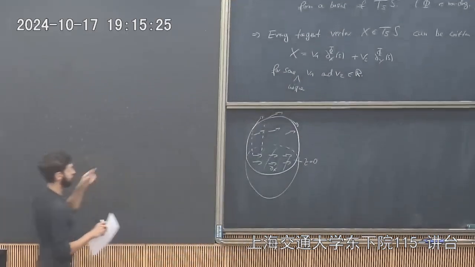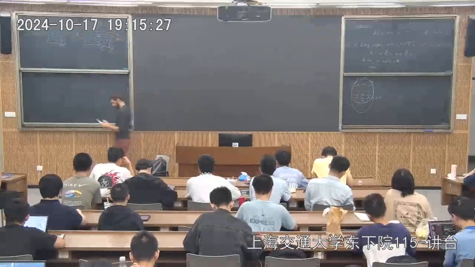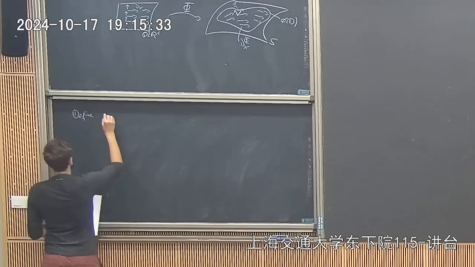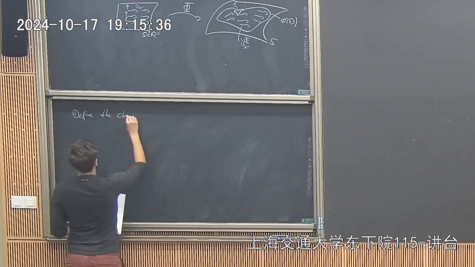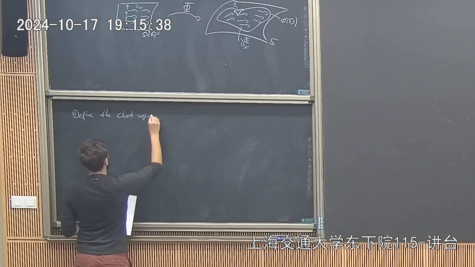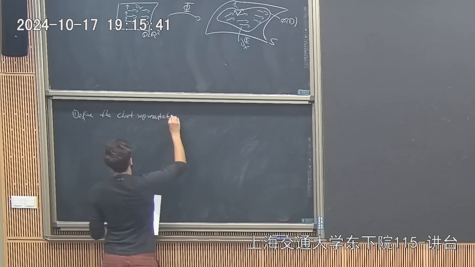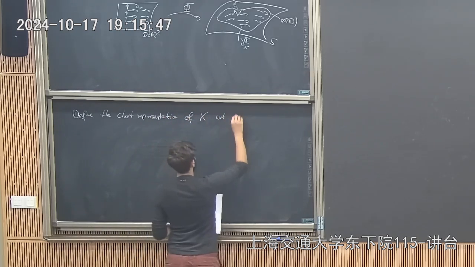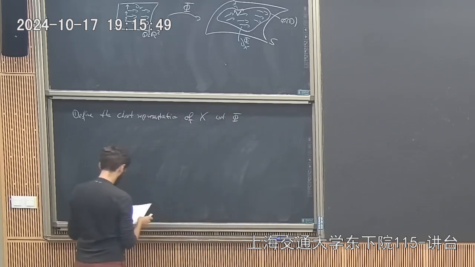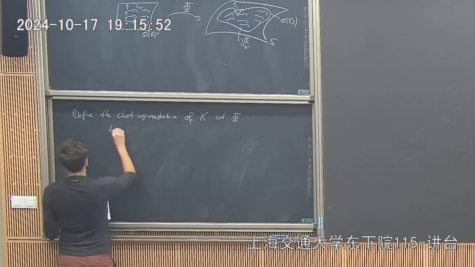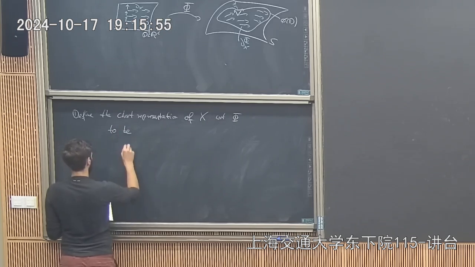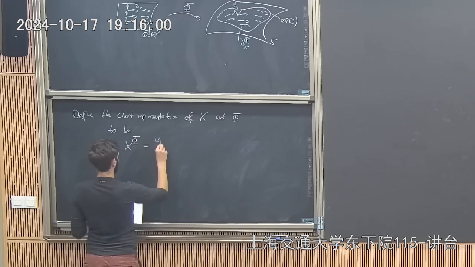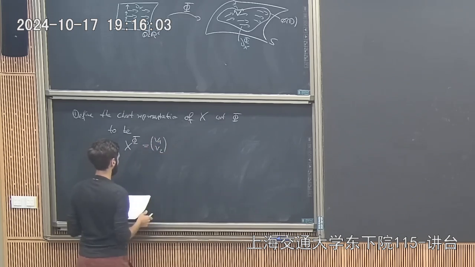And so it makes sense to call v1 and v2 the chart representation of x under phi, which is in some way just the vector (v1, v2).